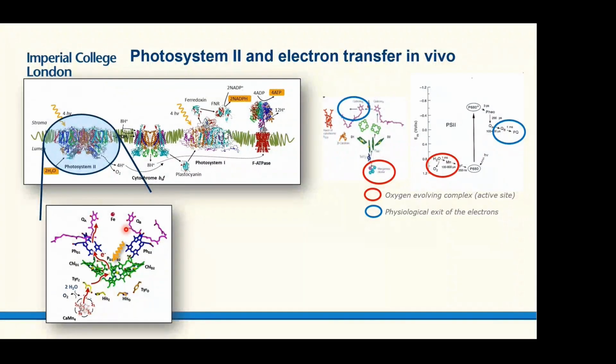On the other side you have a collection of electrons at the level of the quinone, and after two electrons are collected, the quinone is moved out into the membrane.